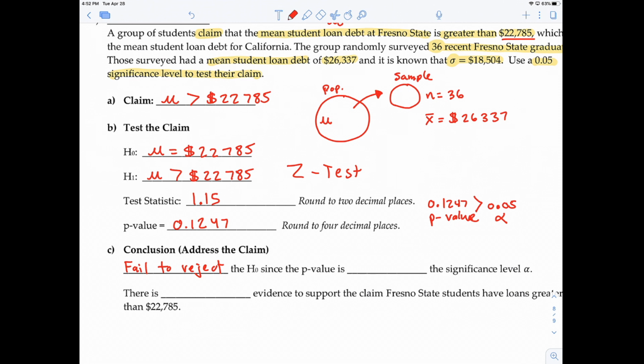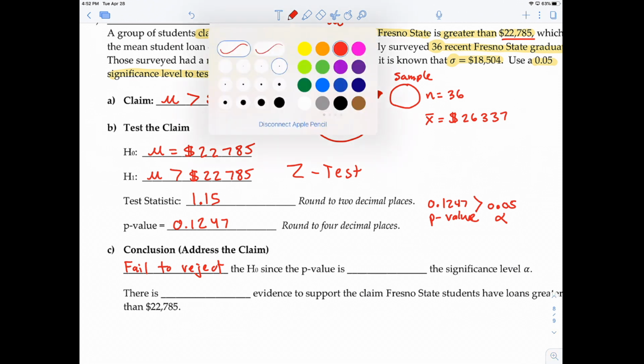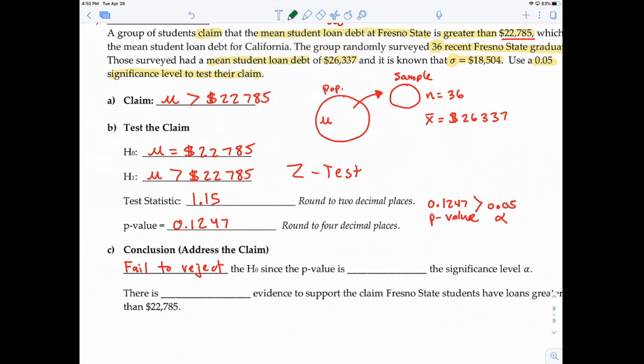In other words, we're not necessarily going to support, and I'm putting support in quotations, but in a way we're leaning towards the statement that the mean student loan debt is equal to 22,785, and we're not going to support the alternative.